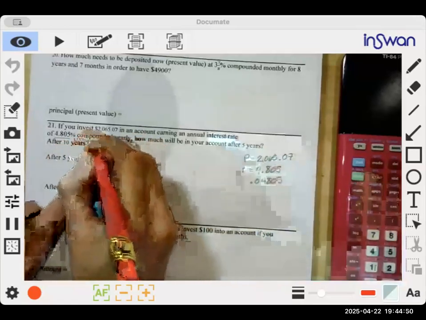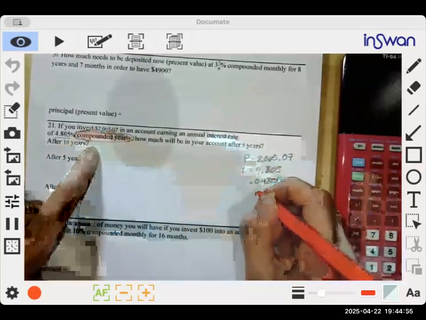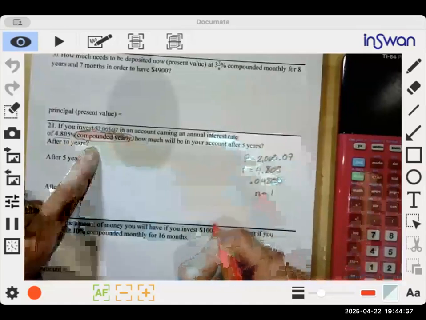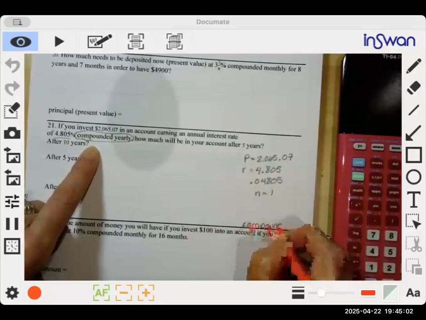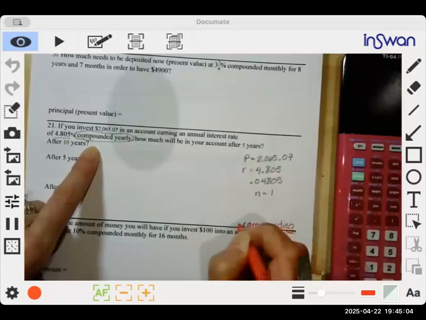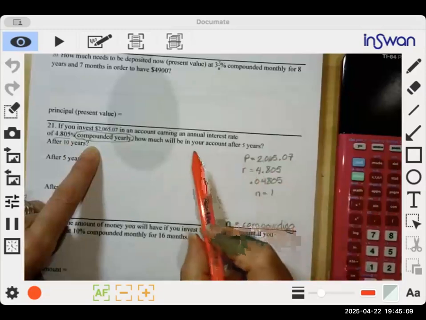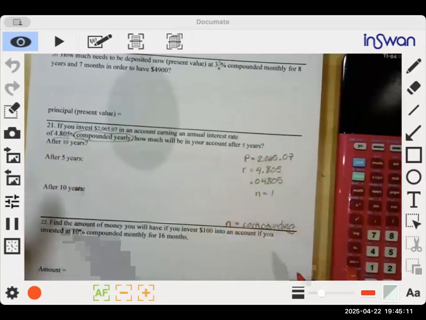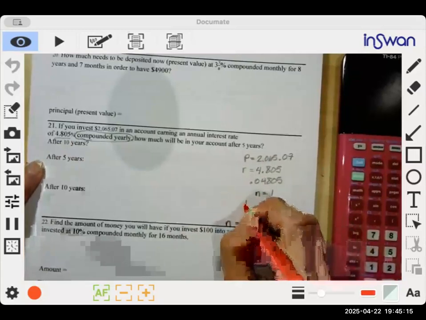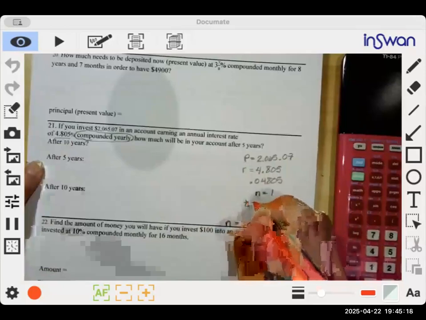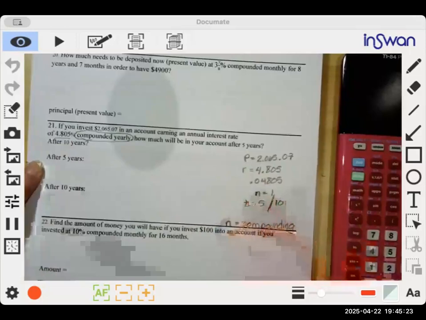It's being compounded yearly, so that means our N is equal to 1. Compounding is the N. And then how much will be in the account after 5 years and then after 10 years. So we have a time of 5, and then we have another time of 10.